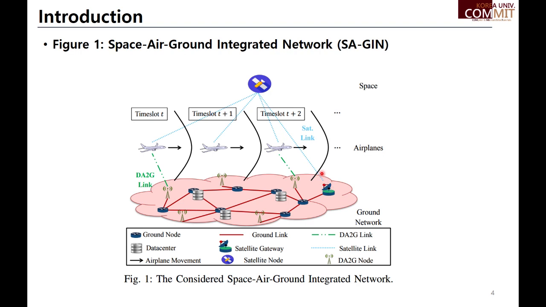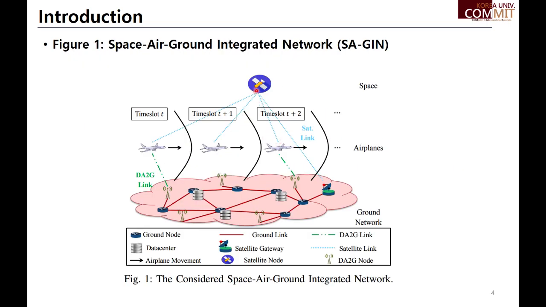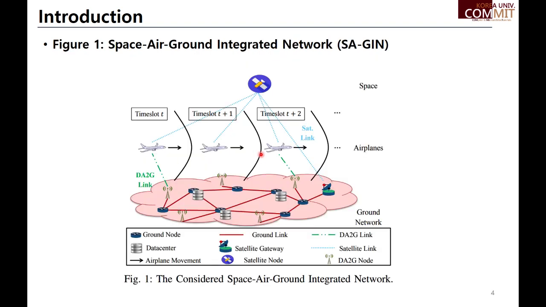So it links the satellite gateway, satellite, and airplane. Here, satellites relay the received traffic from the airplanes toward their gateways through this line. And direct air-to-ground links are connected through this line. This was the figure.